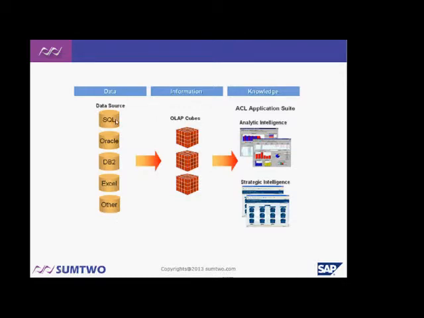The first step is we have multiple data sources in different formats like SQL, Oracle, DB2, etc. These are different types of databases on which the OLTP data resides, and using the BI tool, or there are other comparable tools in the market also, the first step is to convert the multiple data sources in multiple formats into OLAP cubes or DSO objects. This is done using the BI tool, or it can be done in HANA also.